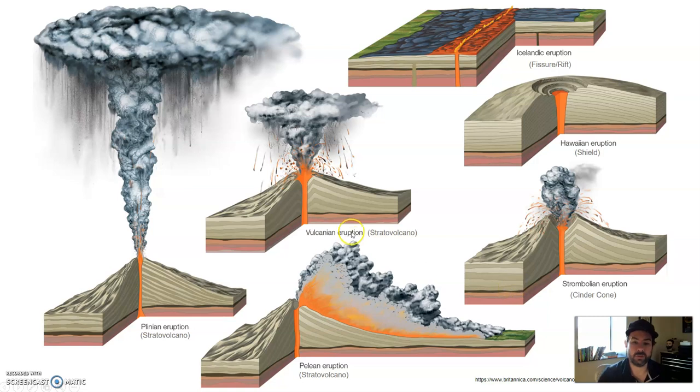And then you get up into stratovolcanoes, sometimes called composite volcanoes, and they can erupt a Vulcanian eruption, a Pelean eruption, or a Plinian eruption. Those are pretty close to one another. And then there's actually one more volcano type, supervolcano, that explodes supervolcanically.